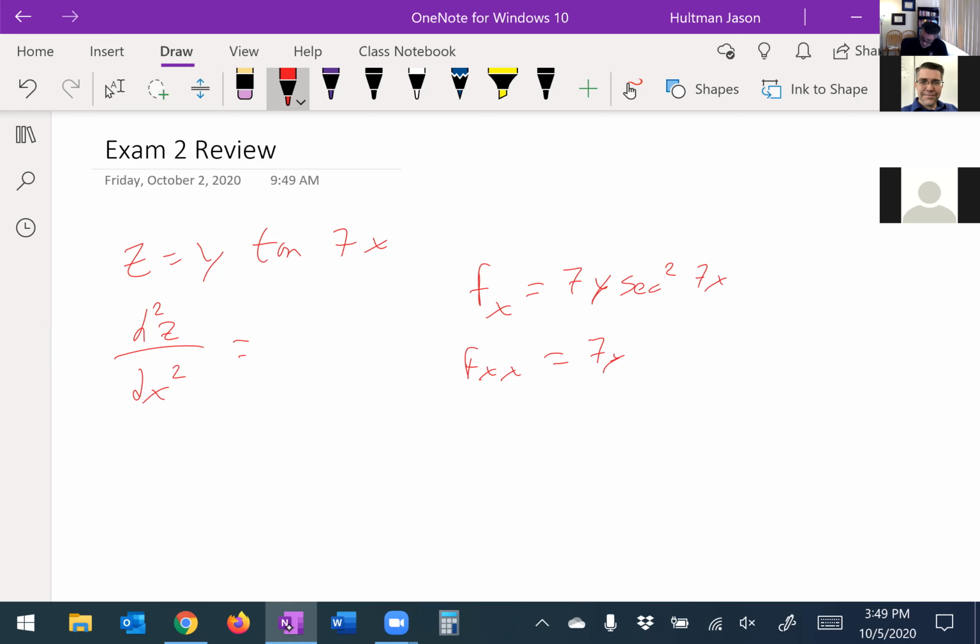And so this is going to be 49, because I'm going to do the chain rule again. 49y times 2 secant x times secant x tangent x, right? So that's 98y secant squared x tangent x.